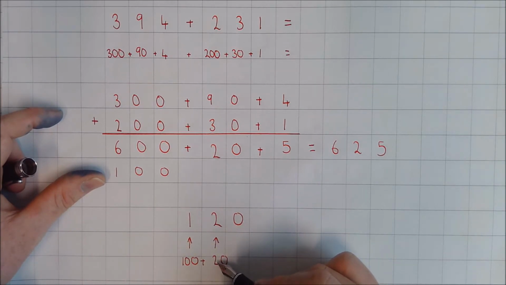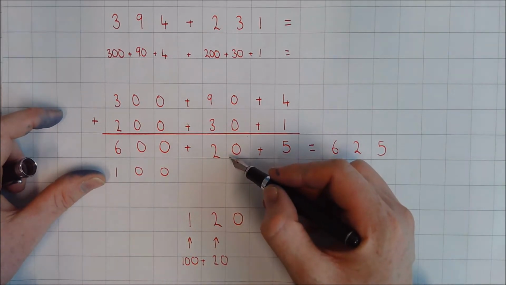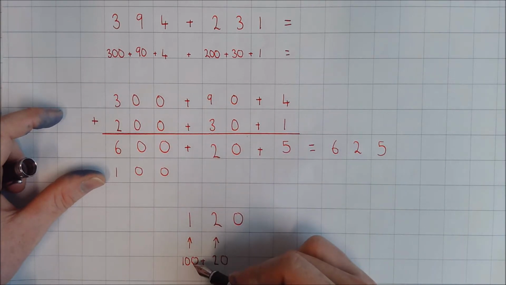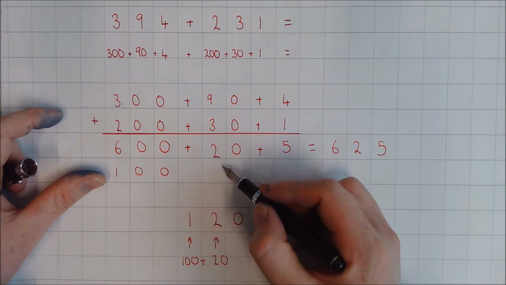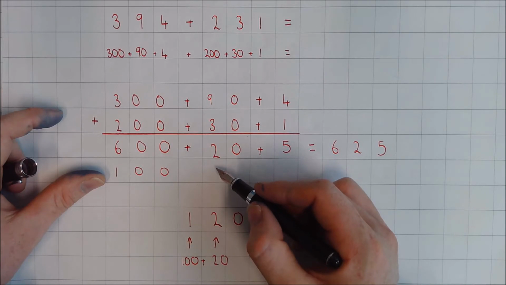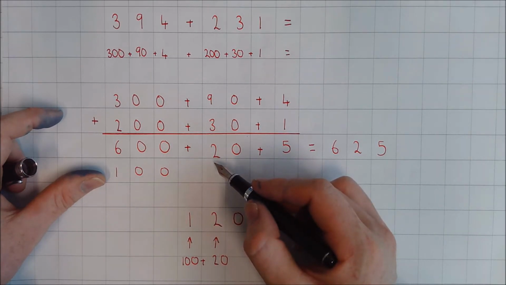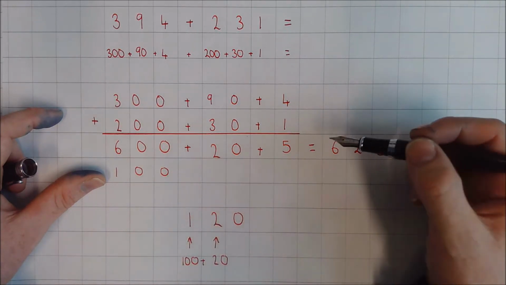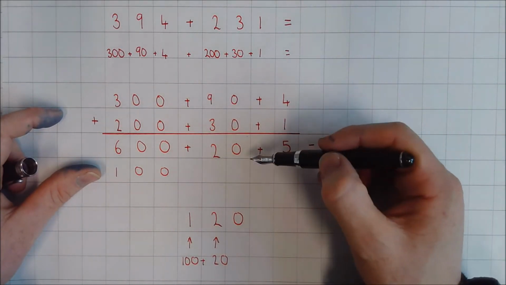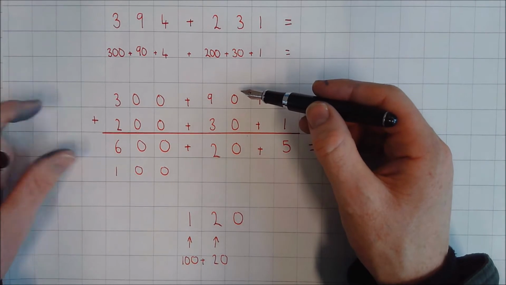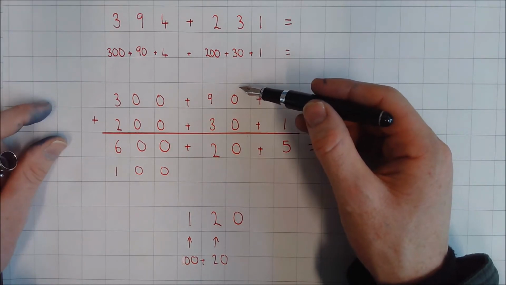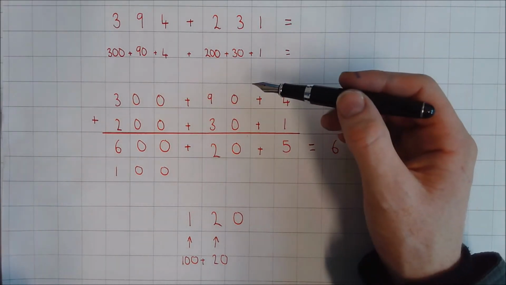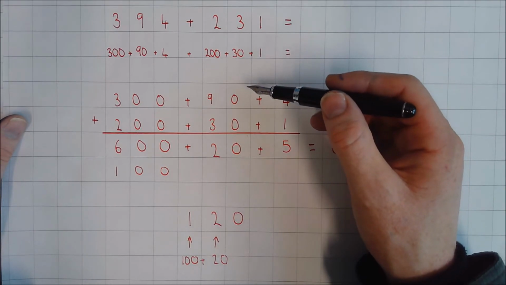The 20 we can fit into our tens column, but the 100 has to go into the hundreds column. So we grouped 10 of our tens from the 12 tens and made 100. Hopefully you can see what's going on with our exchanging here, because it becomes a little trickier when we do the compact or simple column addition.